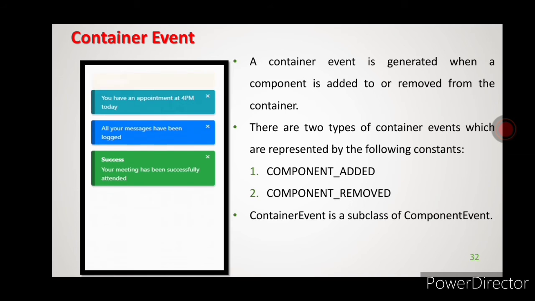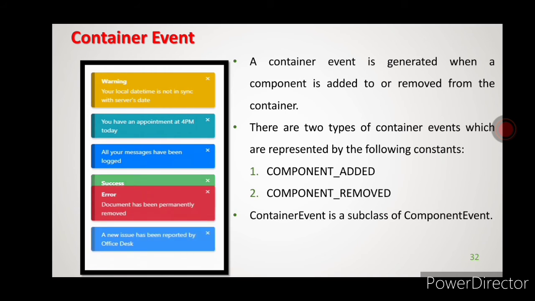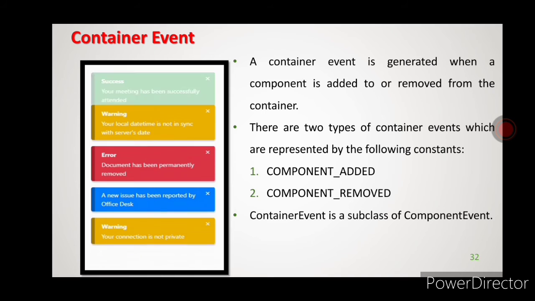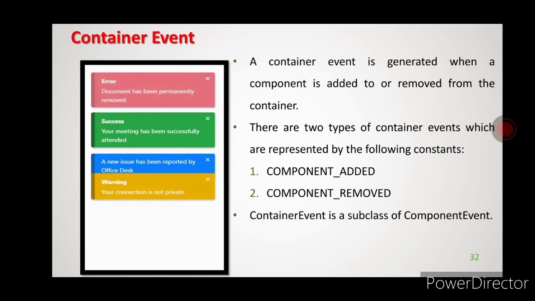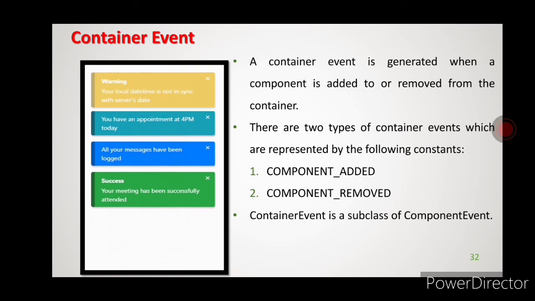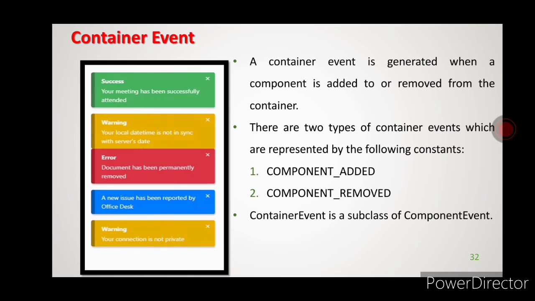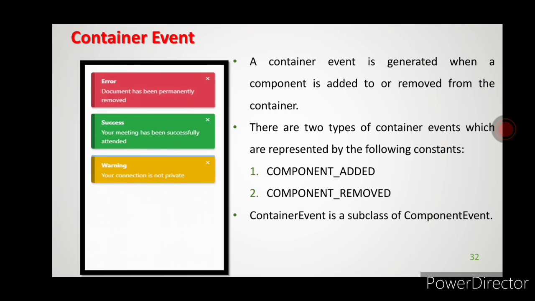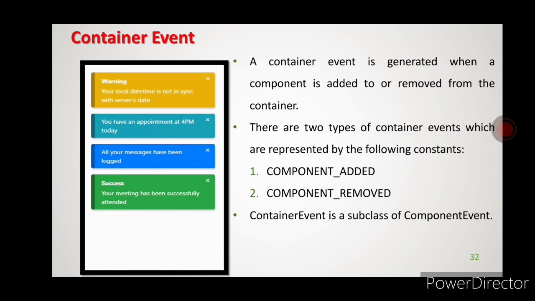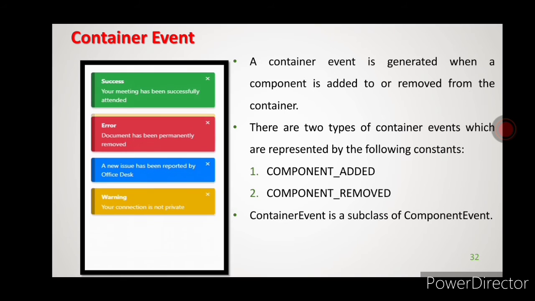The second one is component removed. We can remove components from the container, like text boxes, buttons, check boxes which are not needed. This event we can call component removed.